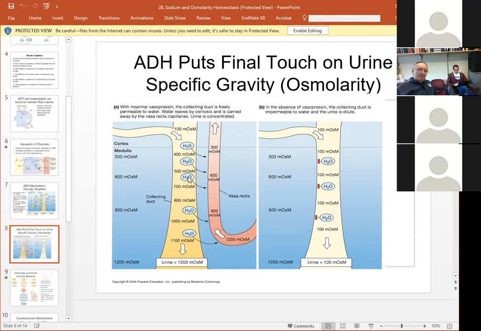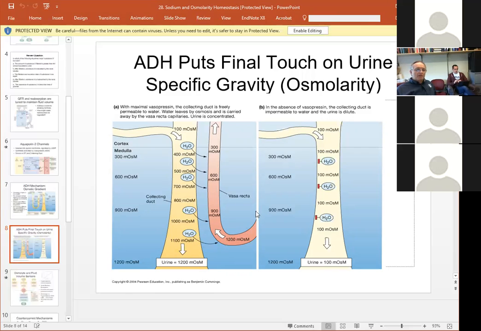And that's if there's a hormone around that stimulates the insertion of aquaporin channels so that water can get through the membrane. And it will really come out down in the bottom of the collecting duct, deep in the medulla, because the concentration is so high outside in the medulla.